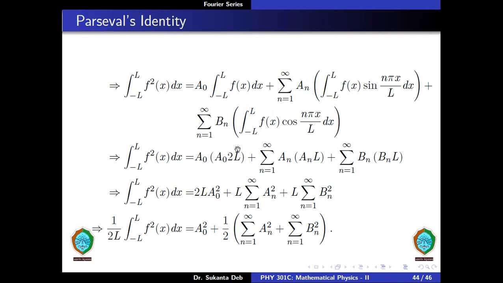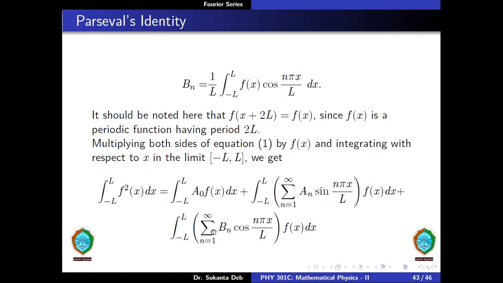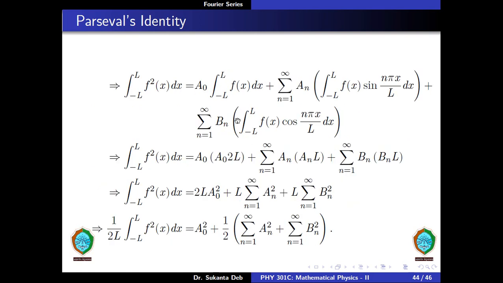Now we know that the integral from minus L to L f(x) dx, you can go back and see how much that is, is equal to nothing but a naught into twice L. So the value of this integral is a naught into twice L plus summation over n is equal to 1 to infinity a n times the value of the integral from minus L to L f(x) sine of n pi x by L dx.